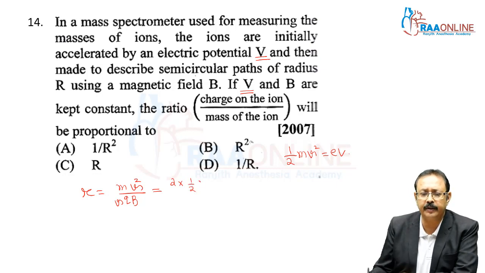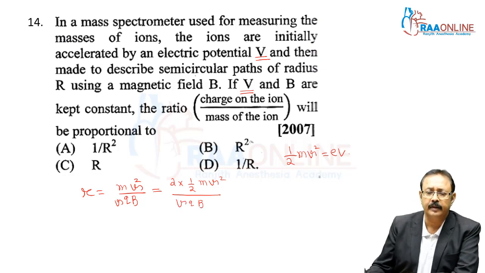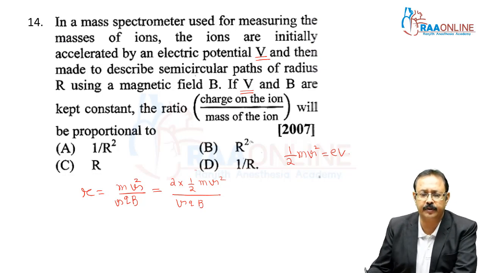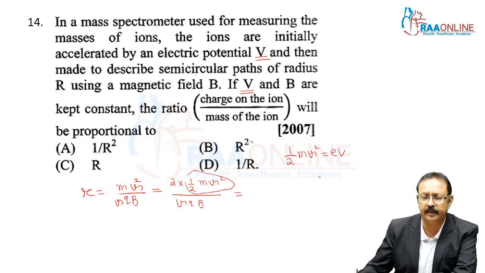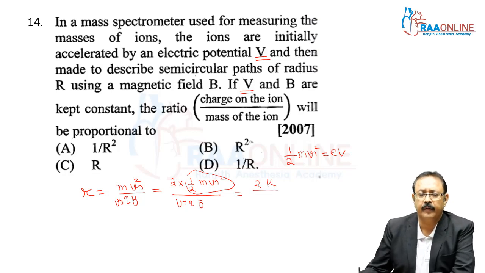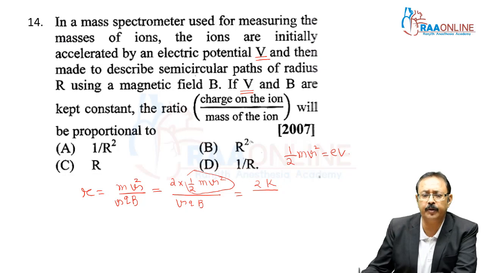We are introducing that energy: mv square divided by VQB. This half mv square is constant, so we put K for this. 2K upon V into QB.